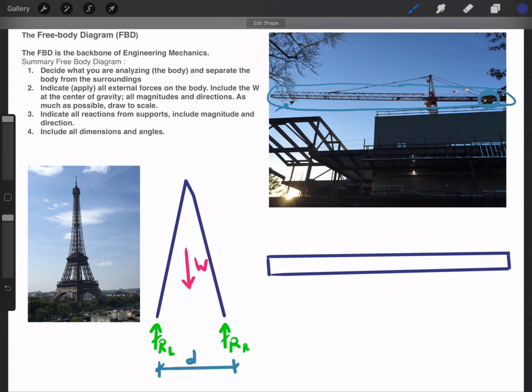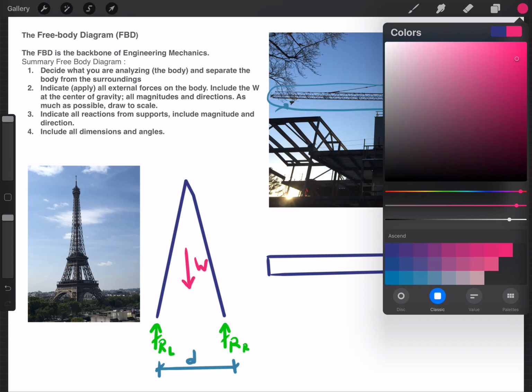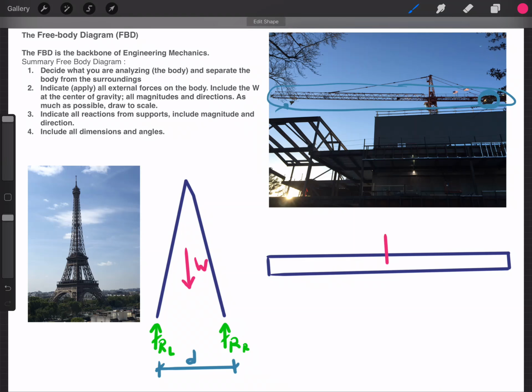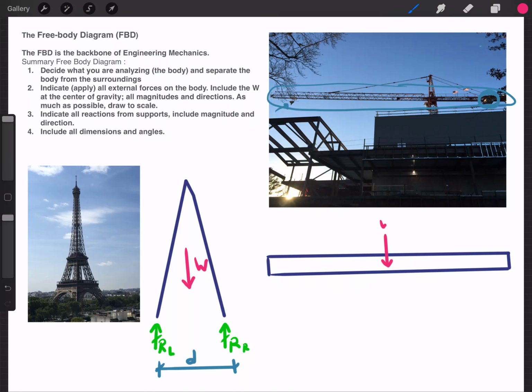Next we're going to apply any kind of external forces on the body. With that, we have the weight of the body, so we put that in the center of the body, at its center of gravity. There's the weight.